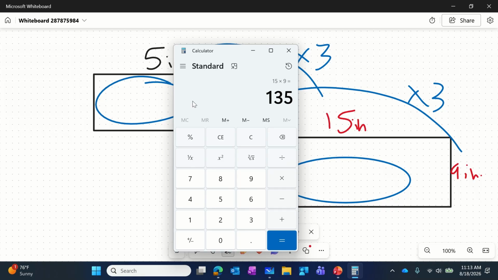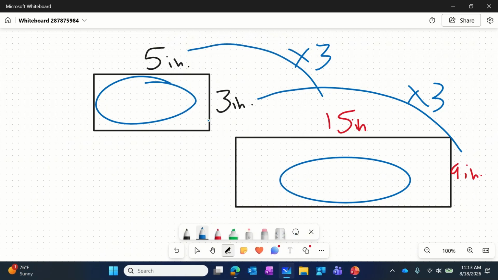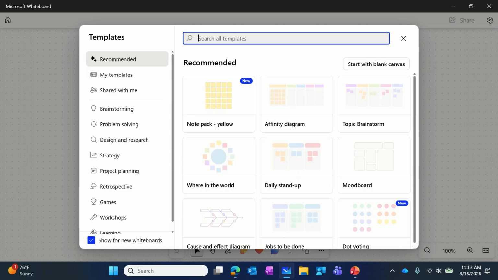No. So I can't say that this is 3 times bigger. I can just say that I scaled it up, but I can't say it's 3 times bigger because technically the area doesn't change. While this is 5 and this is 15, yeah, I just made the side length 3 times bigger, but did I make the whole shape 3 times bigger? No. So that's the rule with scaling, just so you guys know. So these are corresponding figures, which means they're proportional.